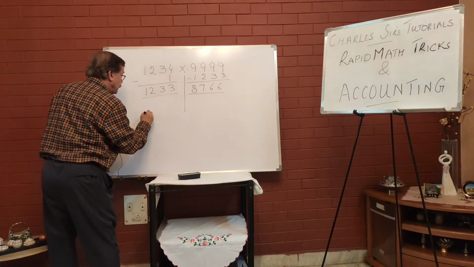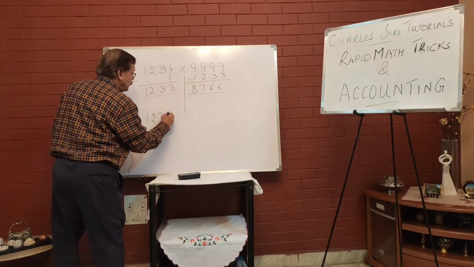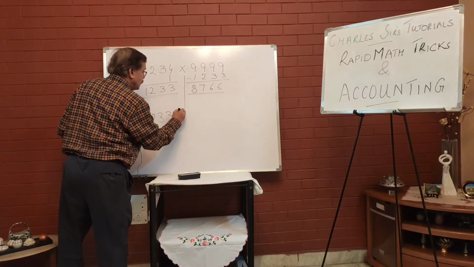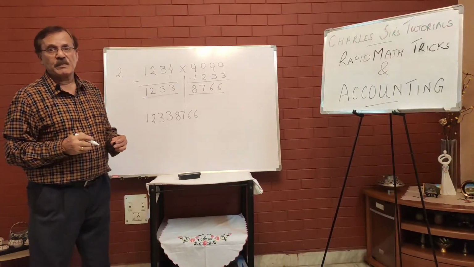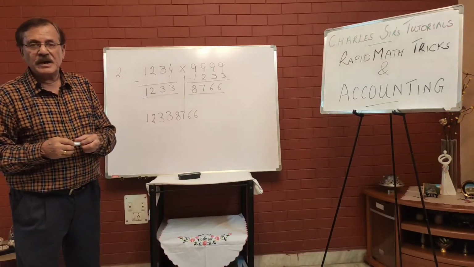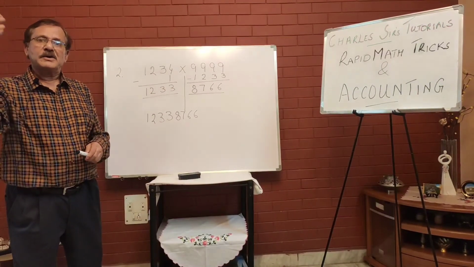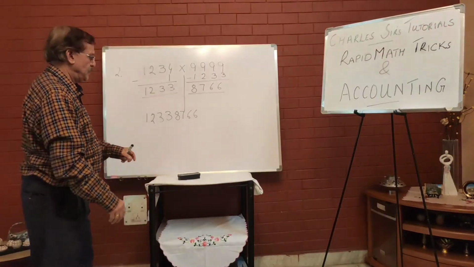And when you combine them together, the answer you will get 1, 2, 3, 3, 8, 7, 6, 6. So this is the 8-digit answer which we have multiplied, and finally you can continue with the procedure with even greater and bigger numbers.